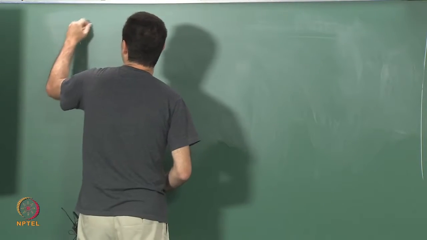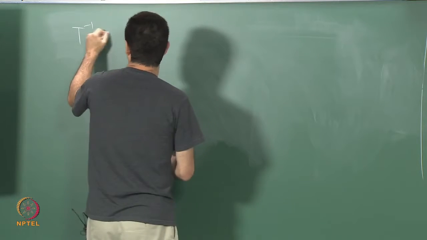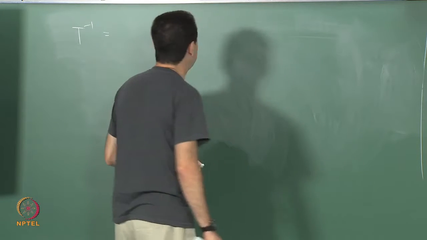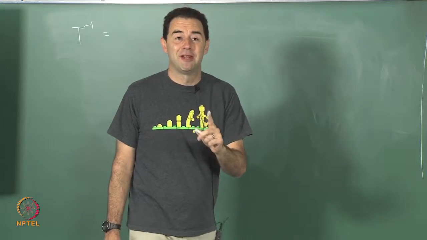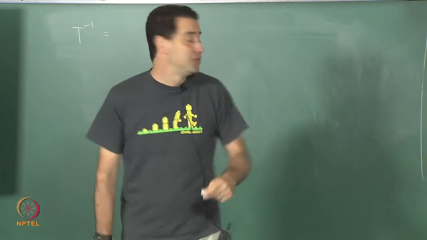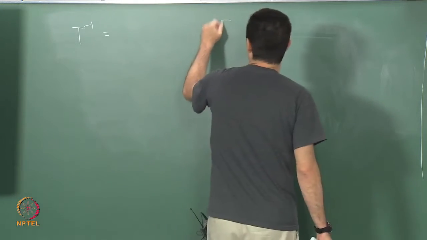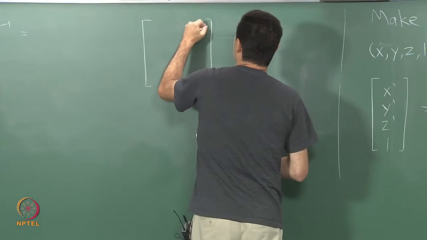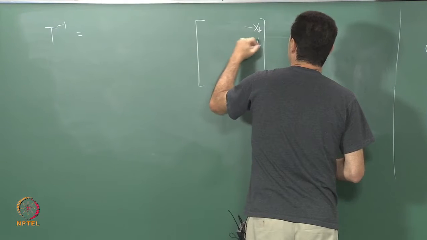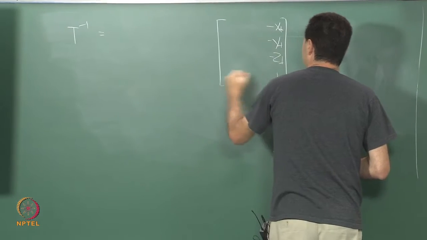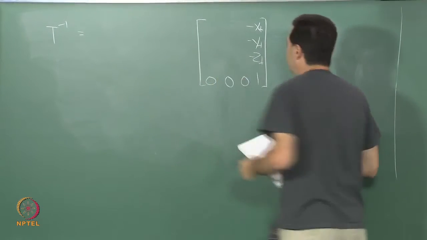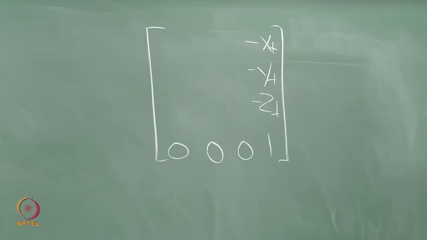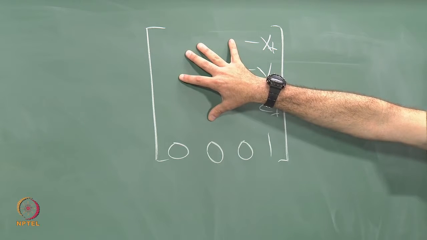So if we go T inverse, well, the first thing I would like to do is undo the translation, right? Because that was the last thing applied. So to undo the translation, I'll put it over here. I'll make a matrix that undoes the translation. If I want to make a perfect matrix that undoes the translation, what should go inside of here?